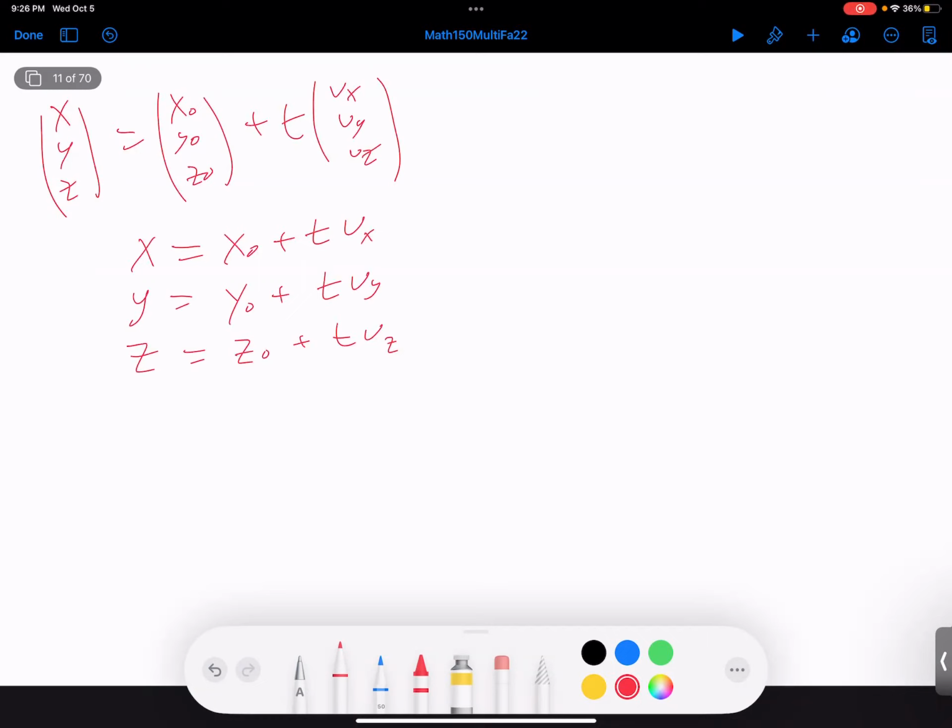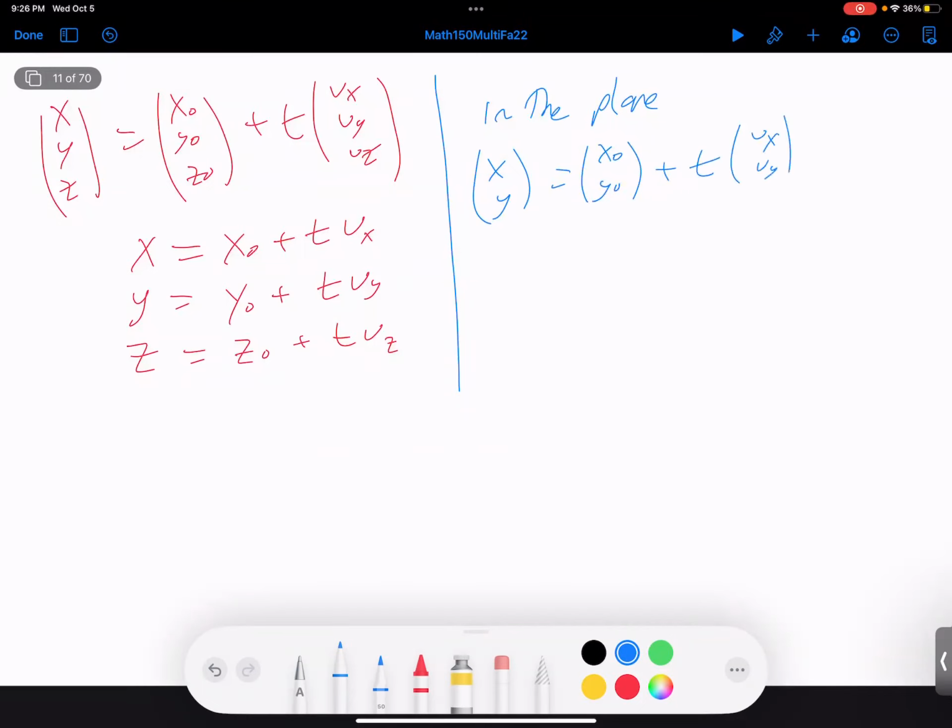So imagine we're just in the plane. In the plane, we'd have x, y is x naught, y naught plus t times vx, vy. Let's see if this reduces to our old equations of the line.